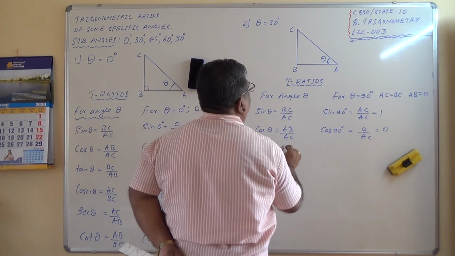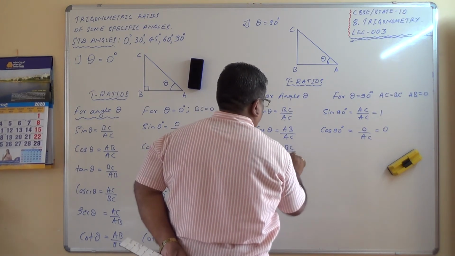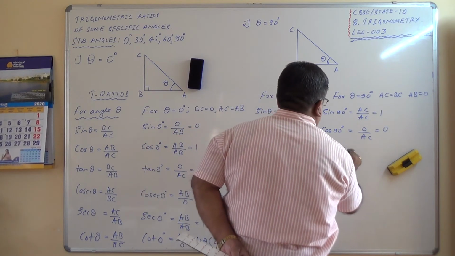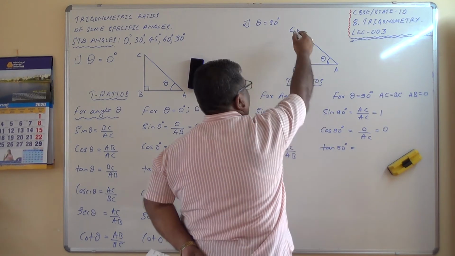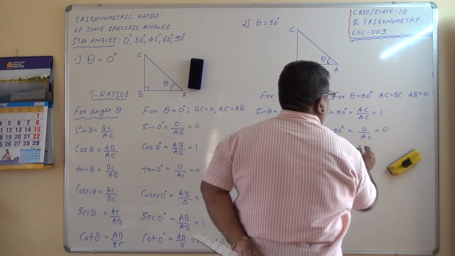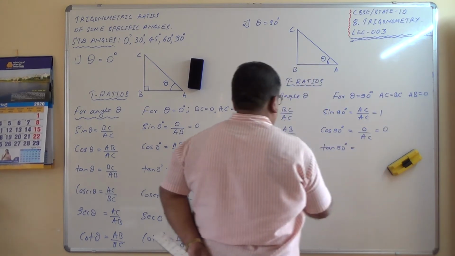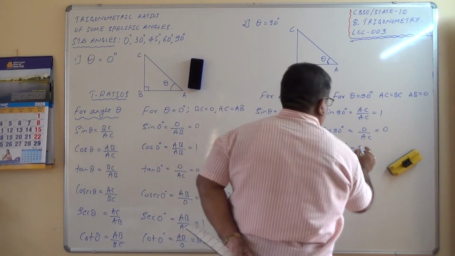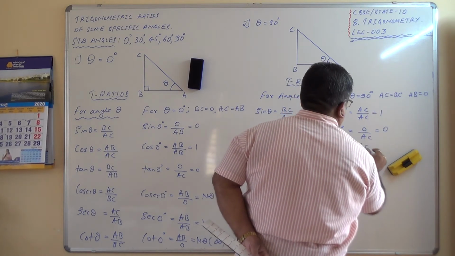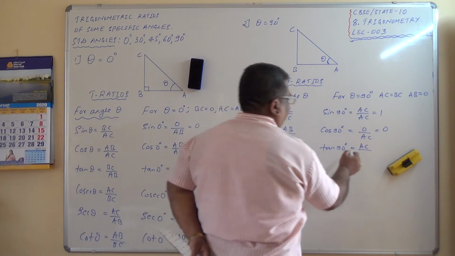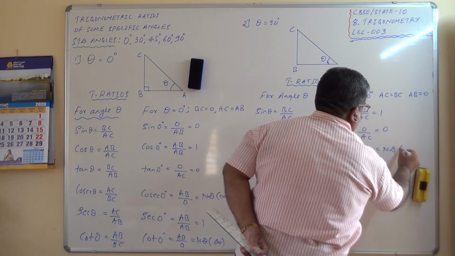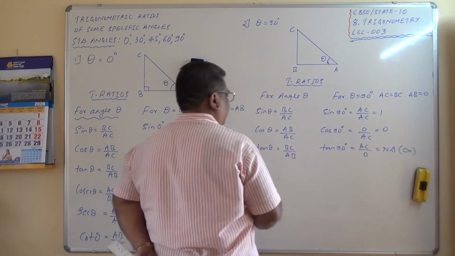Tan theta is BC by AB and tan of 90 degrees is equal to, what happens to BC? BC will change to AC. AB equals 0 here. So BC will change to AC divided by AB. AB will be 0, which is not defined, or I can write infinity also.